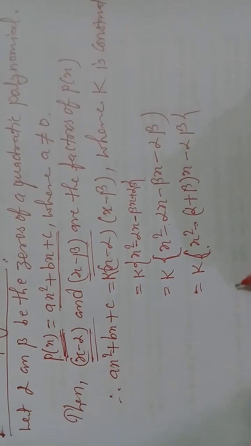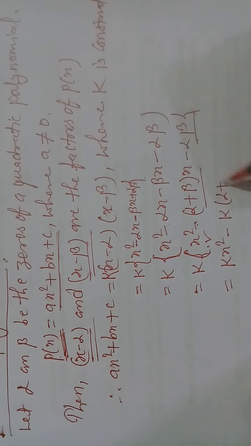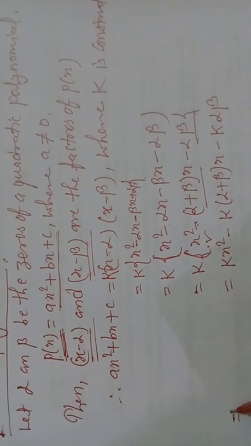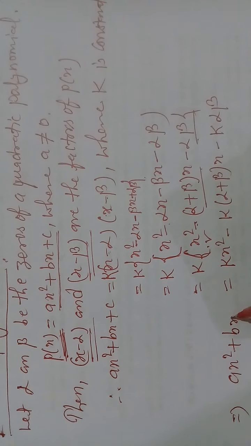Now multiply each term by k. We get kx square minus k(alpha plus beta)x plus k alpha beta, which equals ax square plus bx plus c.